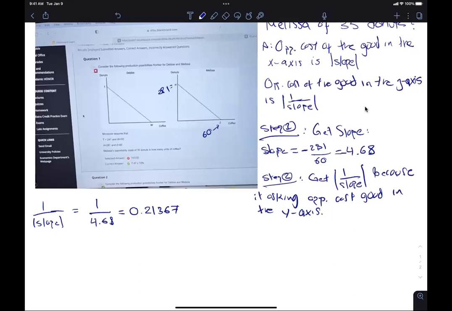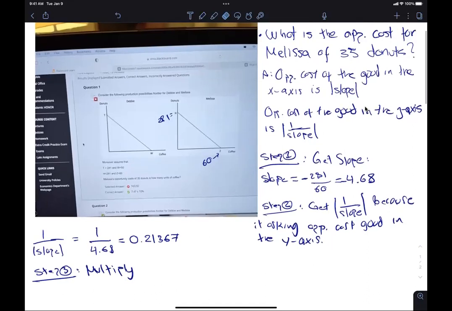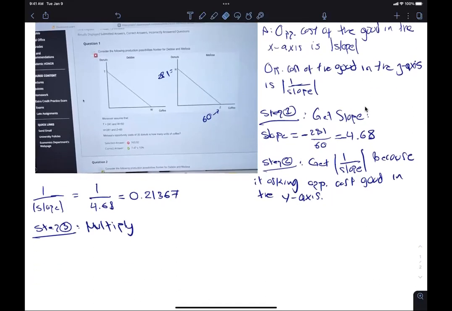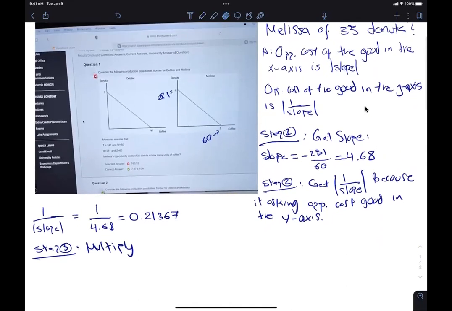Step 3, the last step, is to multiply this by the 35 donuts, because this number, 0.21, is the opportunity cost of one donut. So 35 times 0.21367 gives me 7.48.